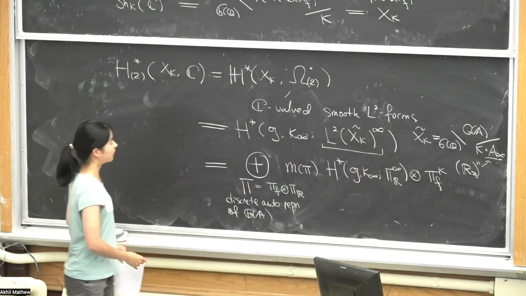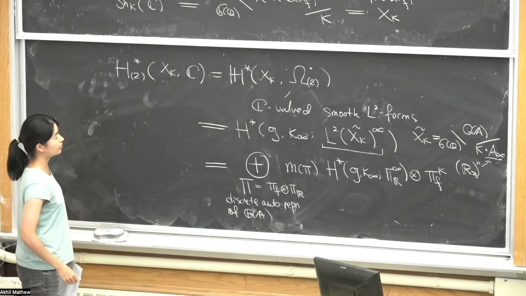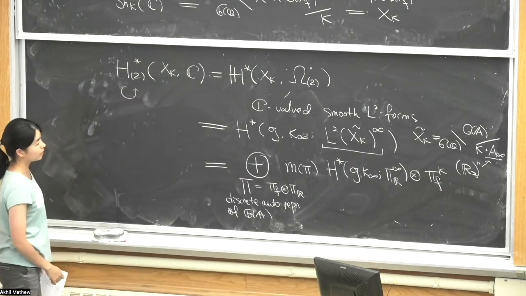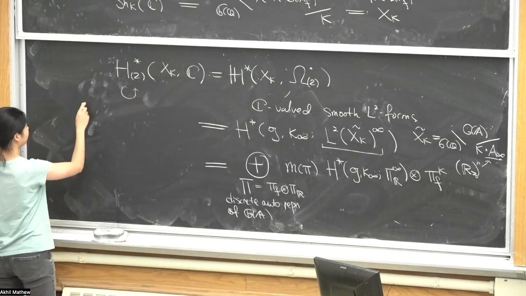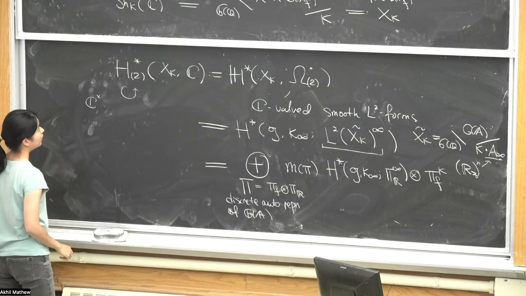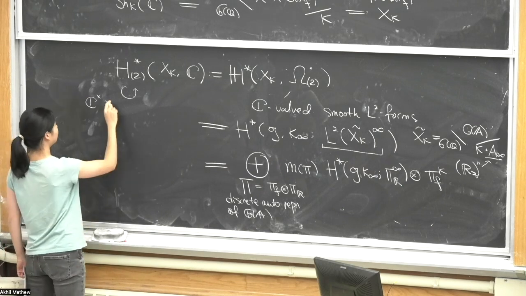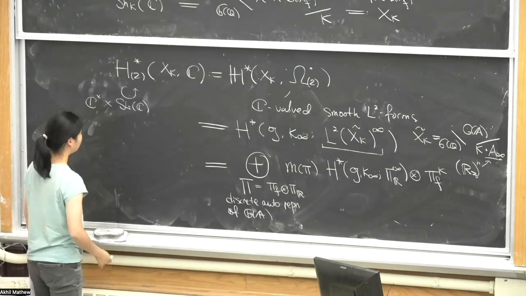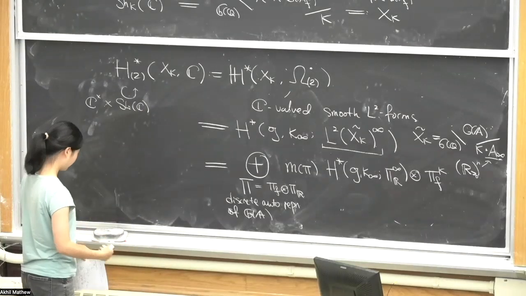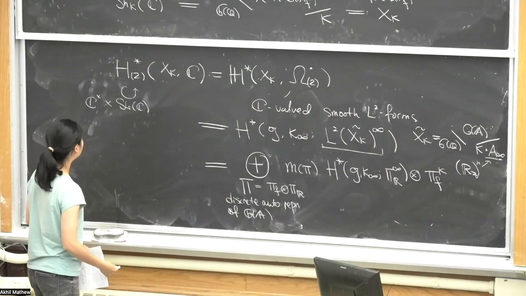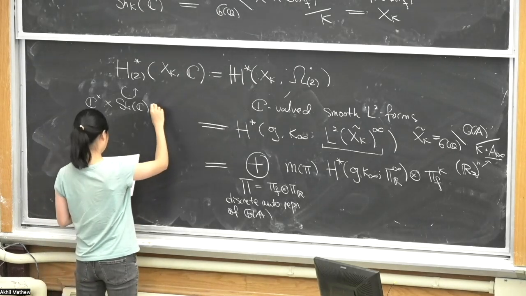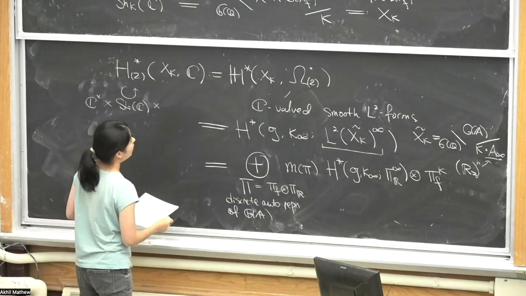What is nice about this formula is that on the L2 cohomology there are some rich structures, in particular a C-star action coming from the Hodge decomposition, and an SL2 of C action coming from lifting the SL2 triple coming from the Lefschetz operator and its adjoint. And there is also a Hecke action.